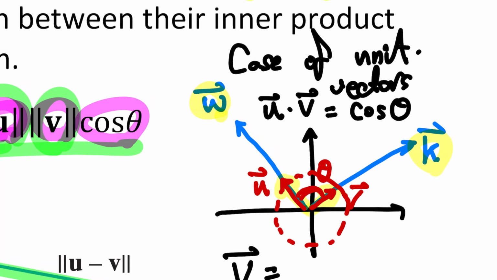So what was the shape of the cosine theta? Yeah, the shape of the cosine theta is something like this, right?